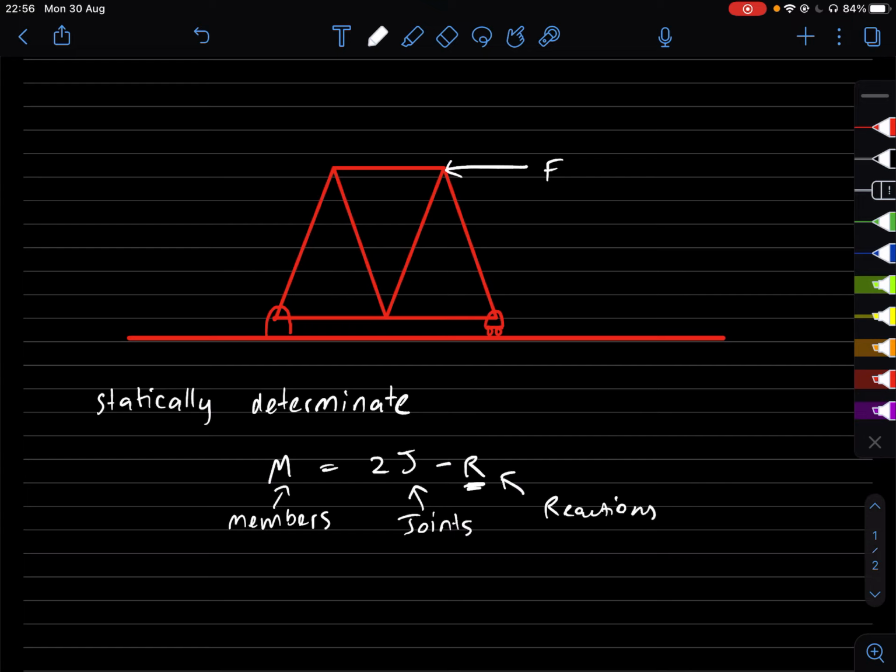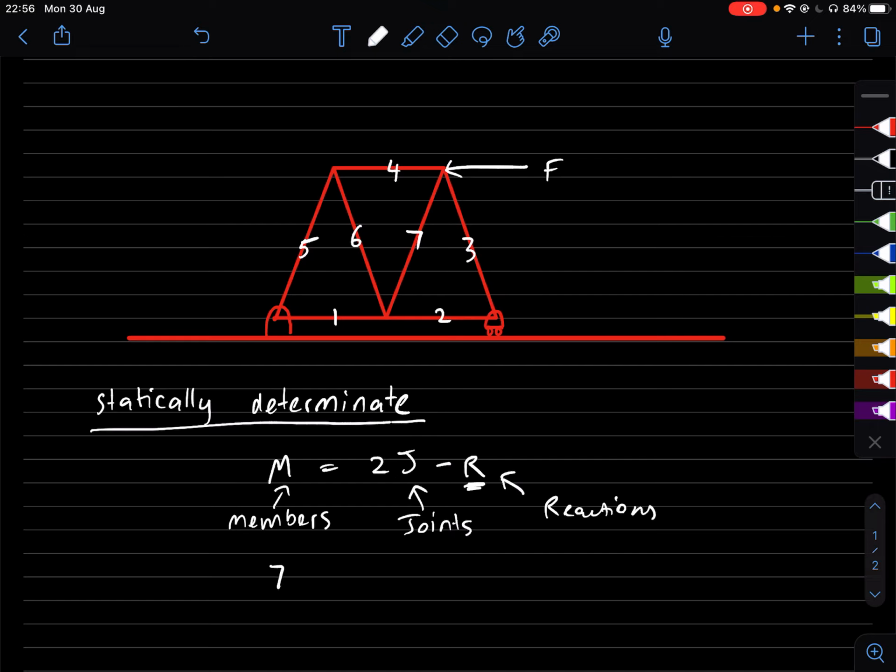So let's have a crack at this truss here. Is it statically determinate? Can we solve for the forces in this truss? Okay, well, how many members does it have? Let's count them. 1, 2, 3, 4, 5, 6, and 7.